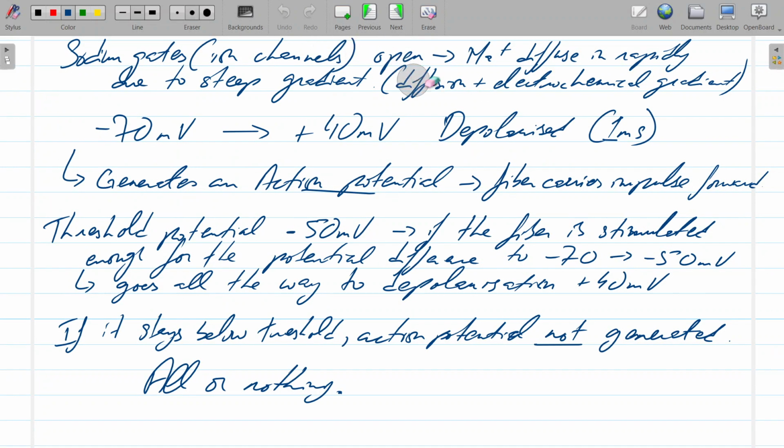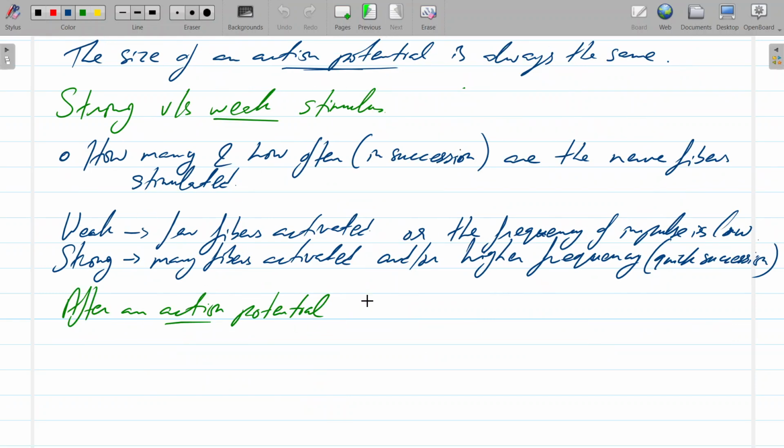Let me just correct that. So that's concentration and electrochemical gradient. Okay. So, right, the sodium ion channels close.